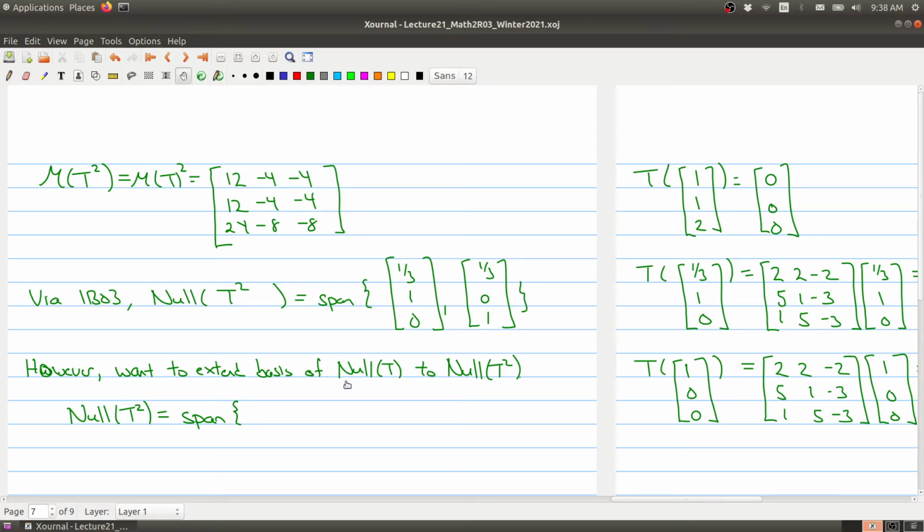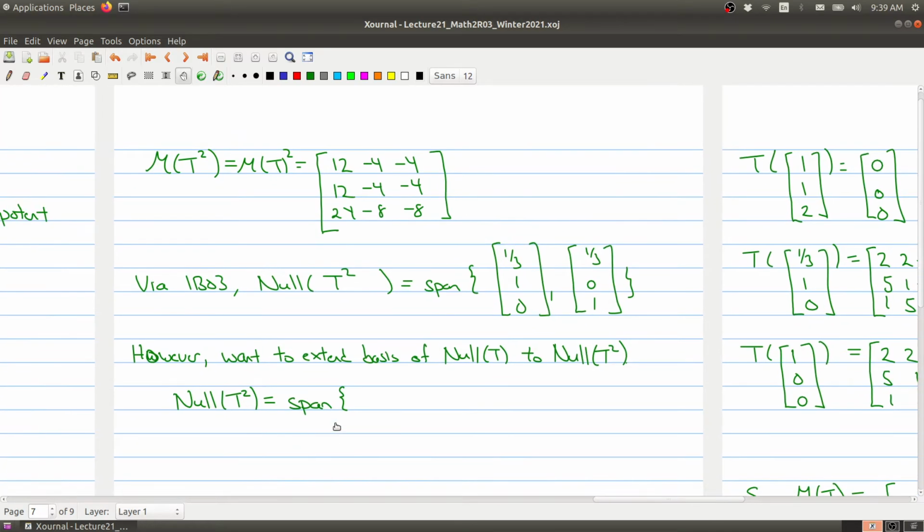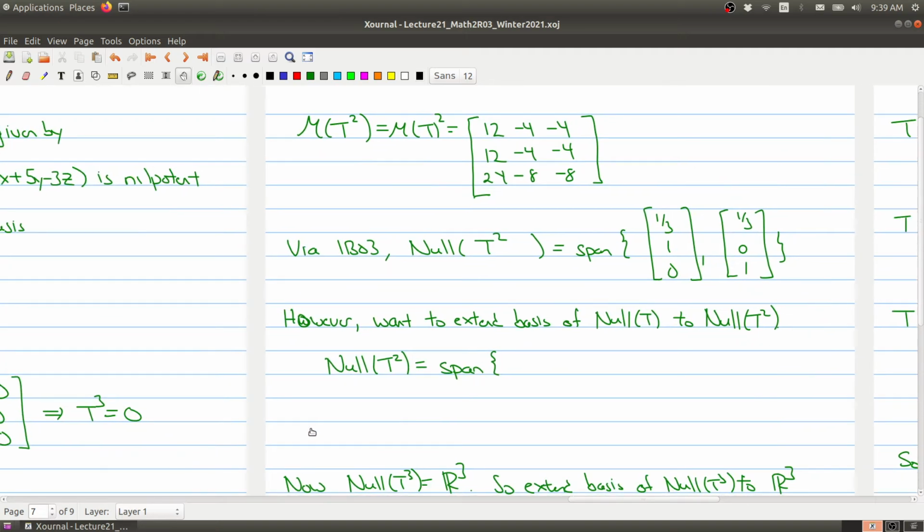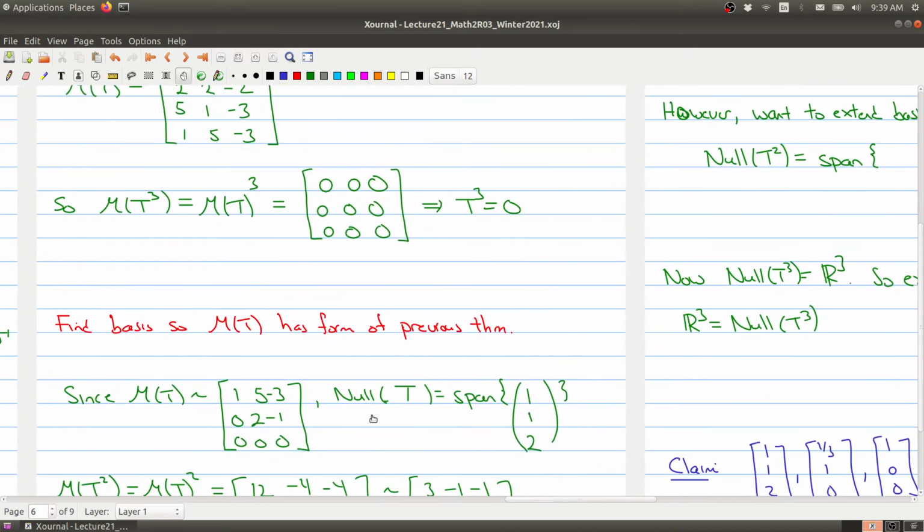In our proof, we wanted to extend the basis of null T to a basis of null T squared. So we have a basis for null T squared, and we have our basis for null T.